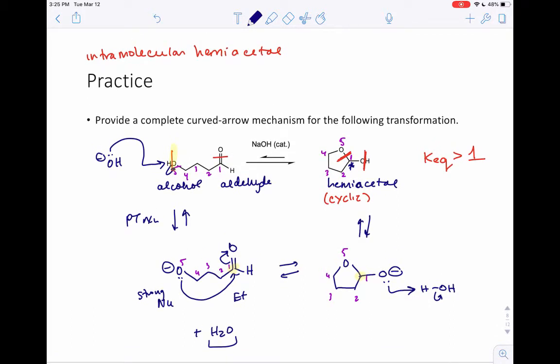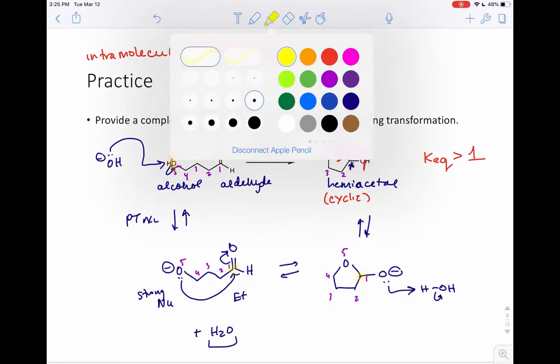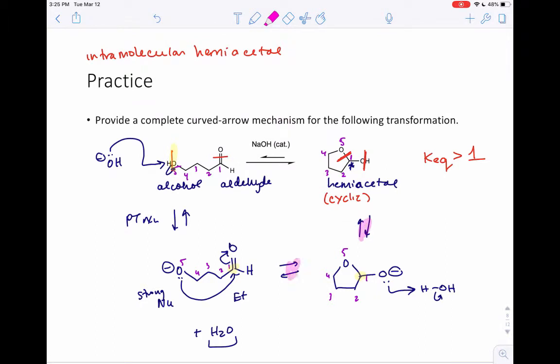Now you notice that I have a series of reversible arrows, right? So each of these steps is reversible. It's a series of equilibria. And that means that hemiacetal formation can run in the forward direction, as I have written here, or it can run in the reverse reaction.